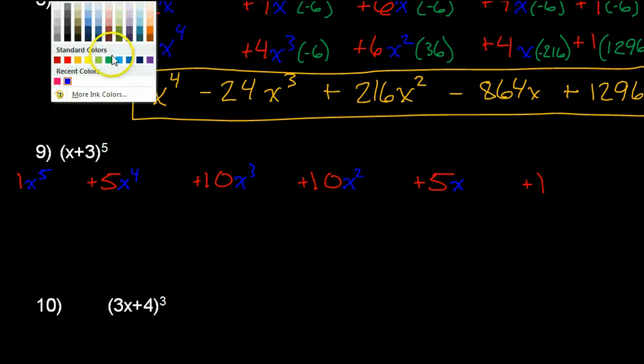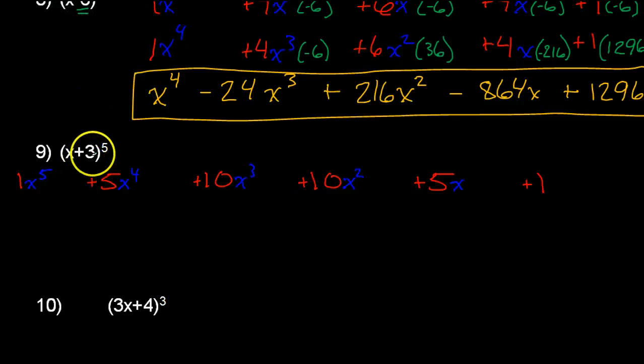Alright, now we'll switch over and look at the 3. Alright, the 3 is on the right, so we start off on the right with 3 to the 5th power, and then decreasing from there, 3 to the 4th power. Alright, 3 to the 3rd power, 3 squared, and just plain old 3.